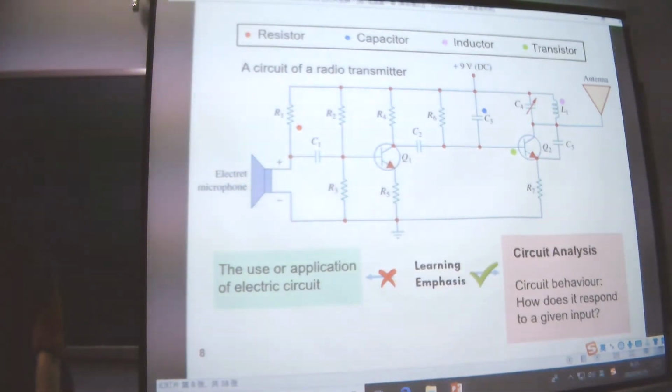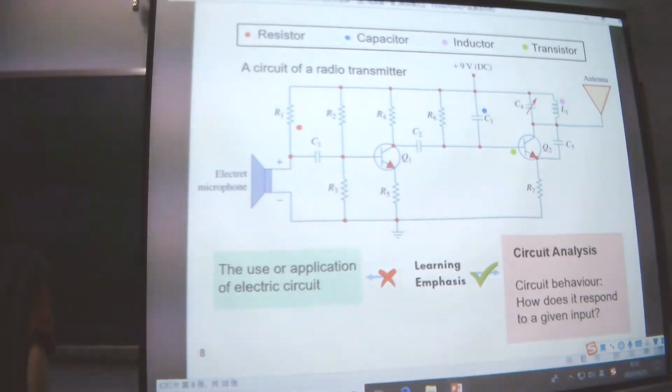So for our circuit analysis, we focus on circuit area, and we should know how it responds to a given input. The input might be a signal. What is the signal in our course? Voltage signal or current signal, U and I. U and I is the input signal of our circuit.